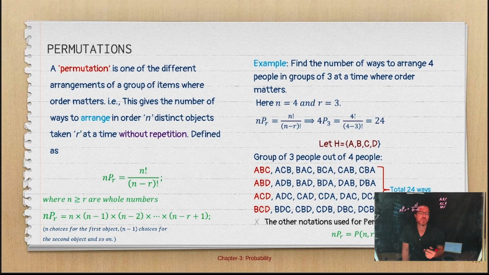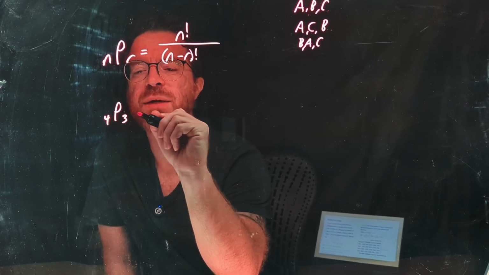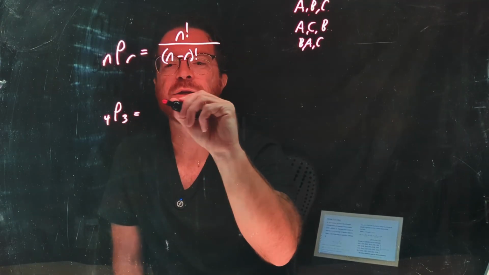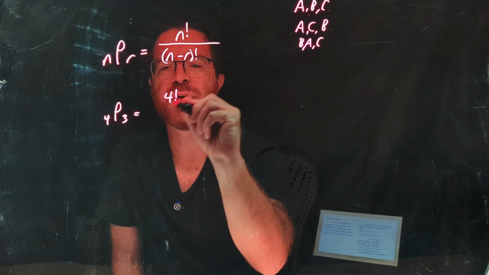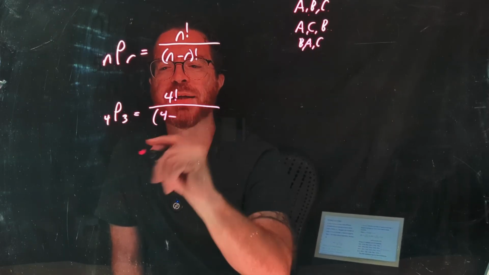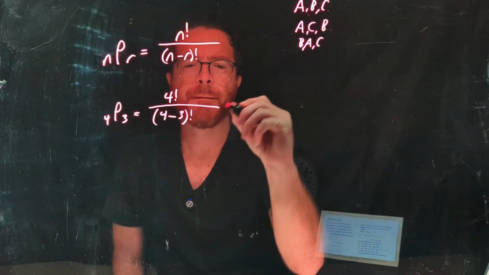So let's look at an example to kind of illustrate how we would use this. Find the number of ways that we can arrange 4 people in groups of 3 at a time where order matters. So we have a total of 4 people, and we want to select 3 of them where order matters. So in this case, 4 is my n. So I'm going to plug this in. 4 factorial divided by, n is still 4, minus, well, my r is 3, so 4 minus 3 factorial.